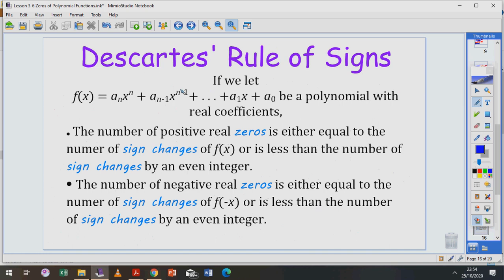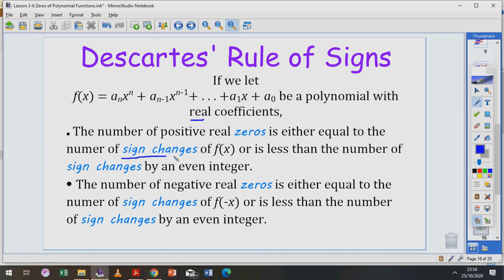Descartes' rule of signs. Right. This is the last idea for today. So if I have a function or a polynomial with real coefficients, then the number of positive real zeros, when I solve for the function or where it cuts the x-axis, which are the zeros, the number of them that are positive is either equal to the number of sign changes.